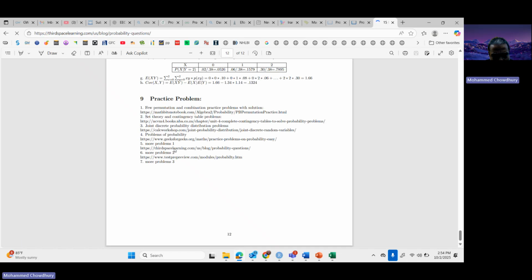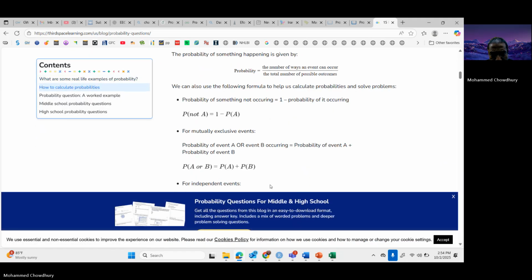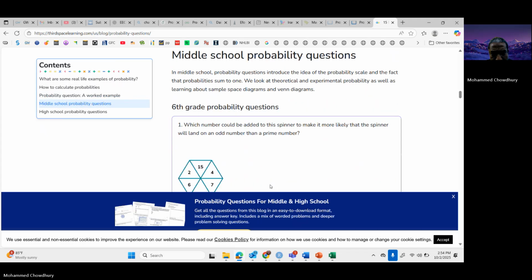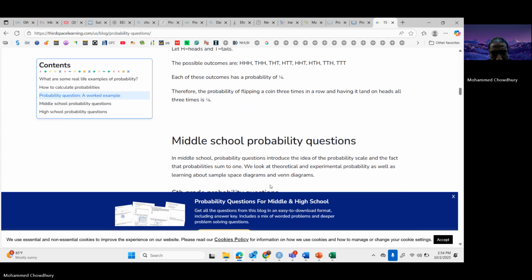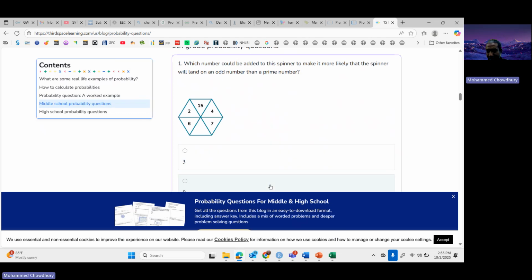Let me see what this one is. In this case, what is a prime number? When is a number said to be a prime number?